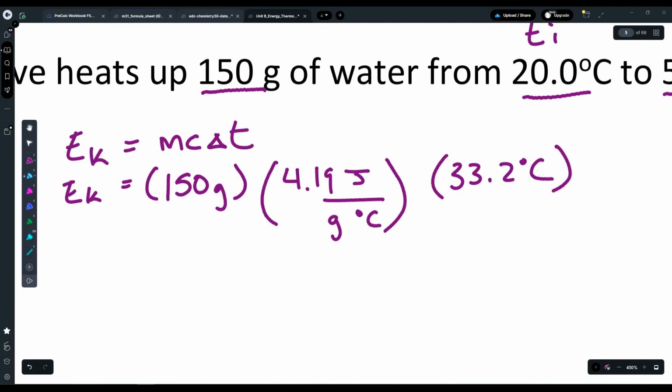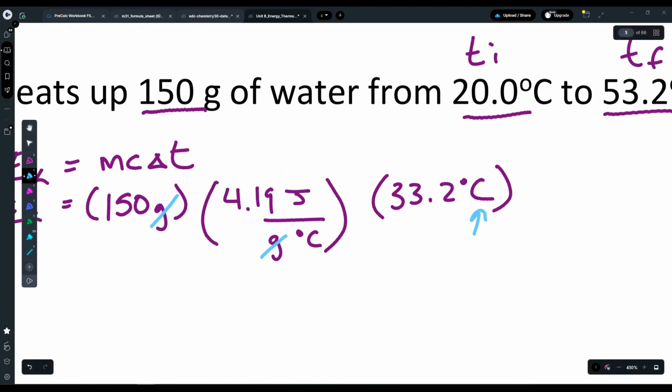If we look at our units, notice that we have grams on top and grams on the bottom, so they're going to cancel out. Basically, if you have the exact same unit in the numerator and denominator, they cancel out. Degrees Celsius is in the top and the bottom, they cancel out as well.